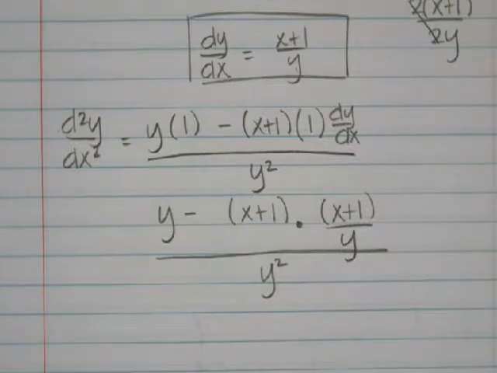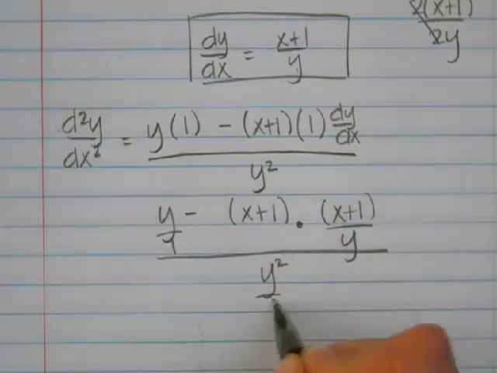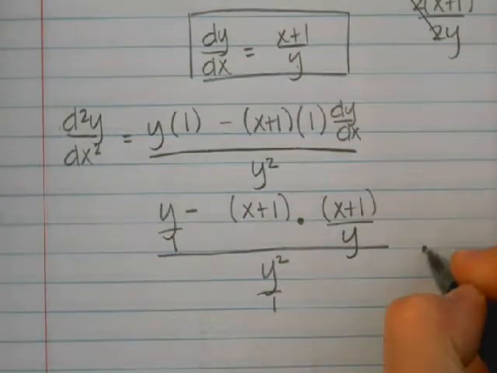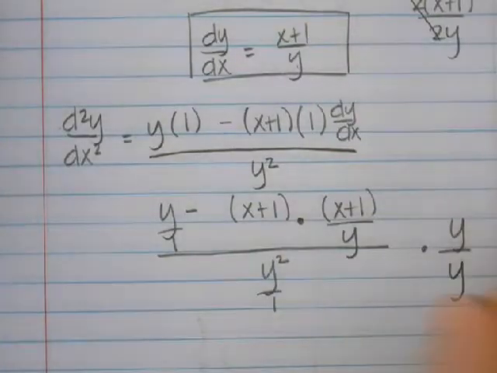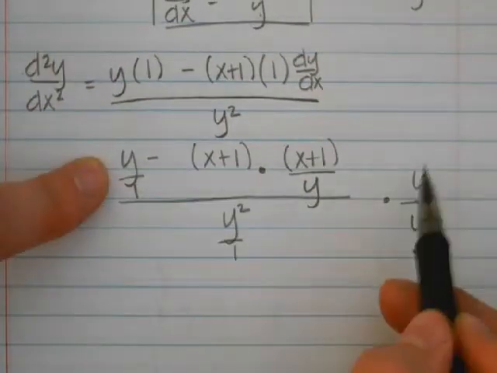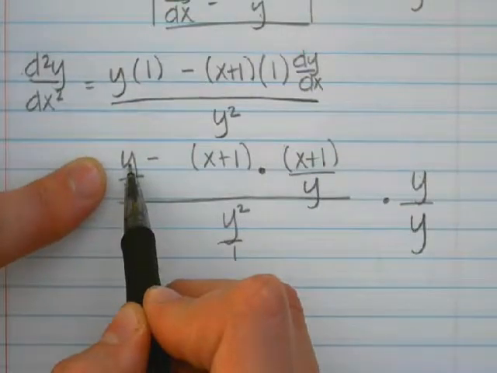The common denominator, right? And these are over 1. So what's the common denominator? Y. Okay, so we're going to multiply by y on the top and y on the bottom. So when I do this y multiplied by this y, what do I get? Y squared.